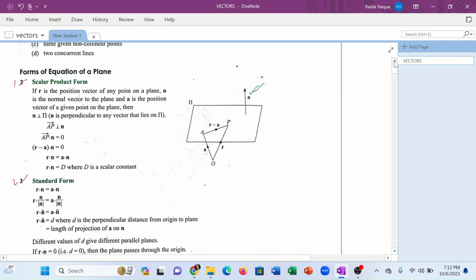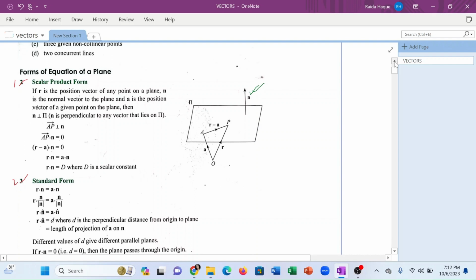Why did we need to know the position vectors of 2 points A and P? It is because otherwise we wouldn't have been able to find the direction vector AP. Through the triangle rule, we know AP is OP minus OA, so R minus A. And this direction is perpendicular to the normal.